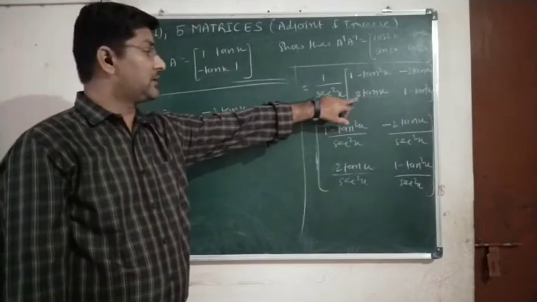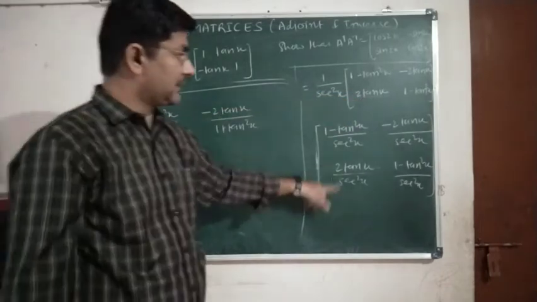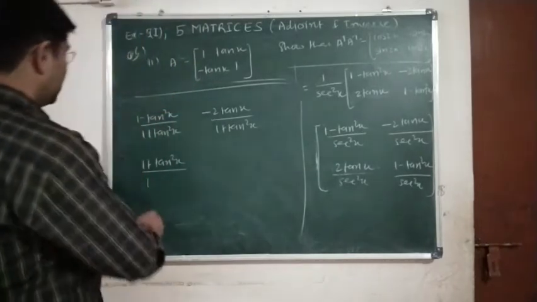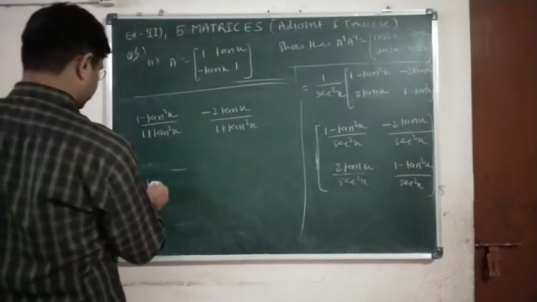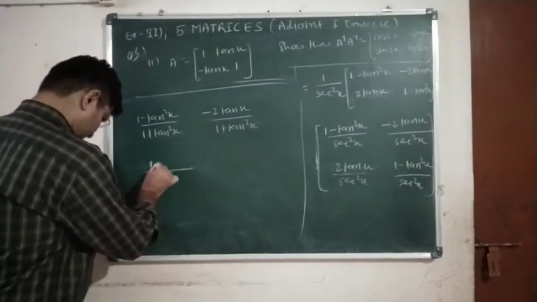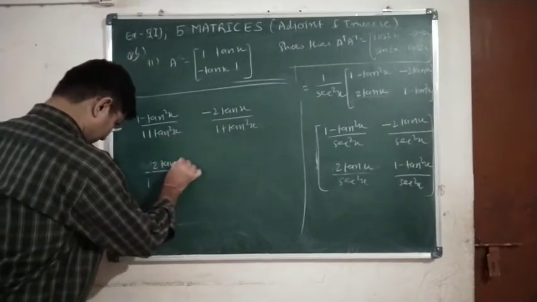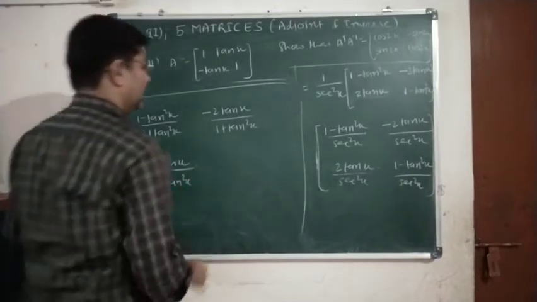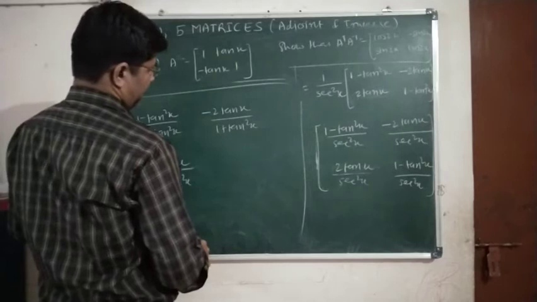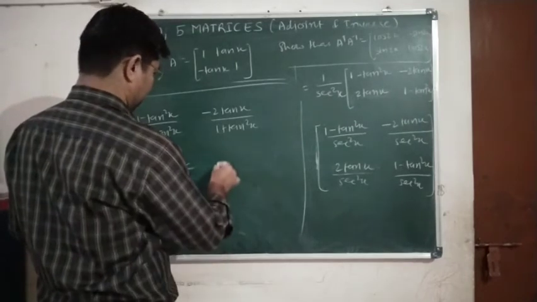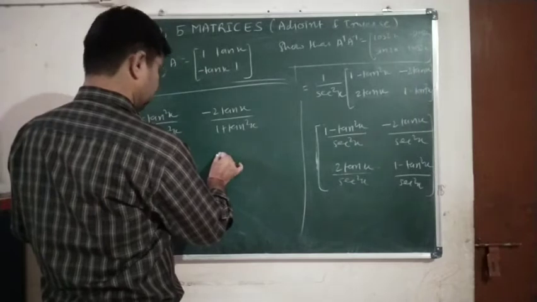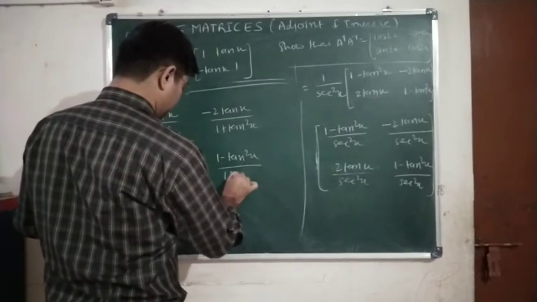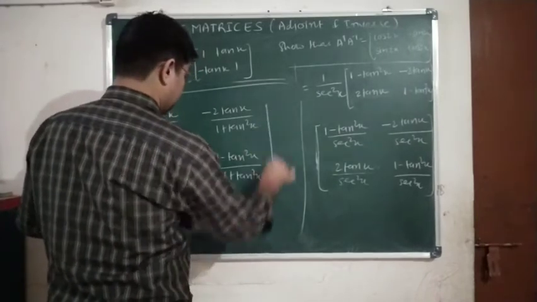Here we must have made a mistake. This must be 2 tan x, because 2 tan x upon 1 plus tan square x will give us the sine 2x formula. Clear? So let us write it over here: 2 tan x upon 1 plus tan square x and 1 minus tan square x upon 1 plus tan square x.